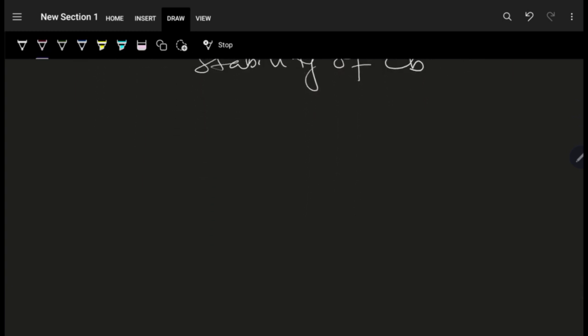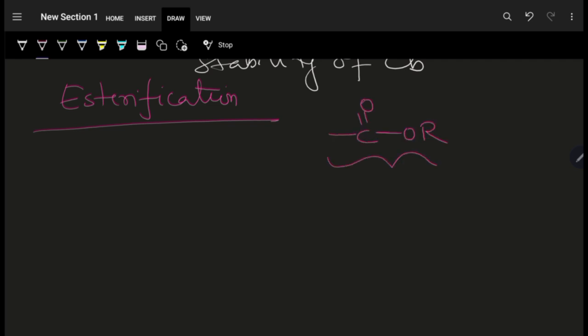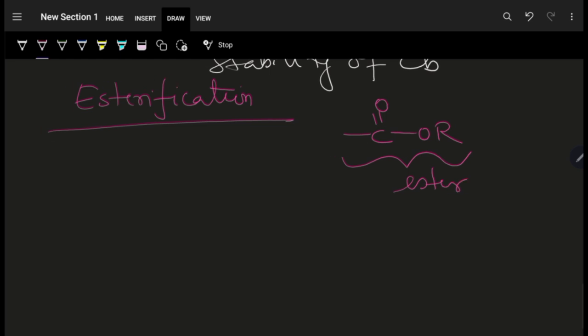After this, we have the esterification reaction or ester formation reaction. In esterification reaction, do we know what is ester linkage? This linkage is known as ester linkage. And there are three reactions.